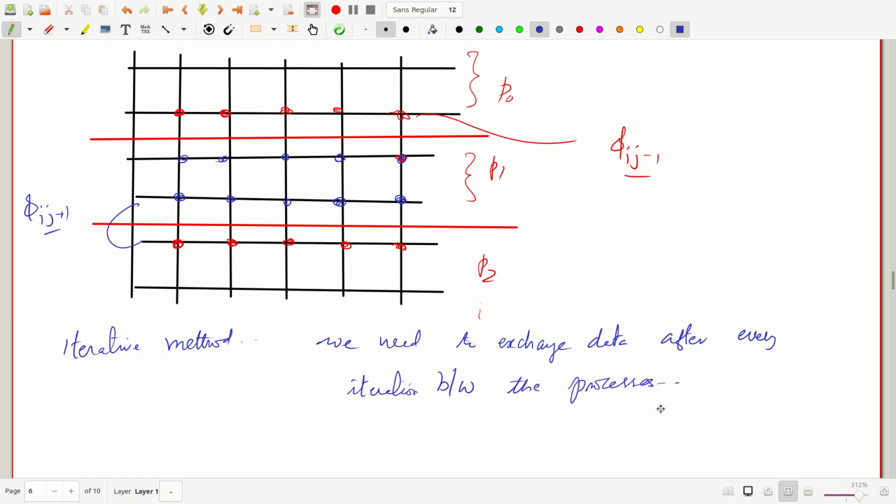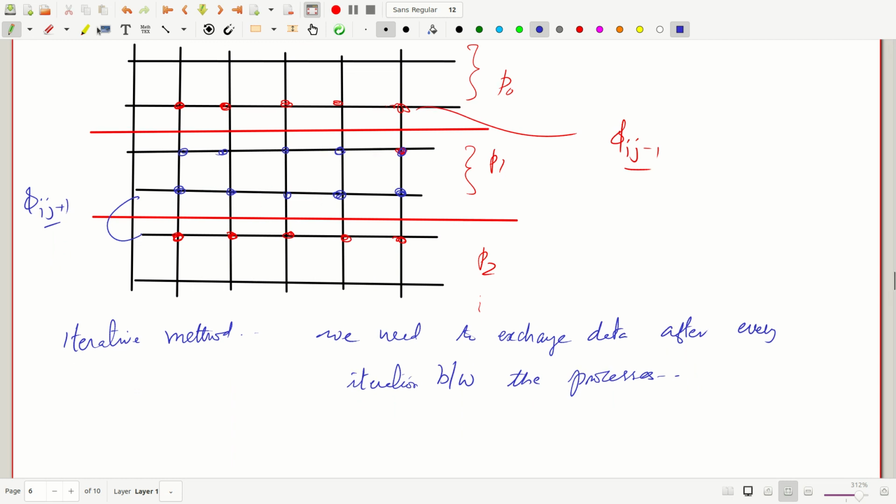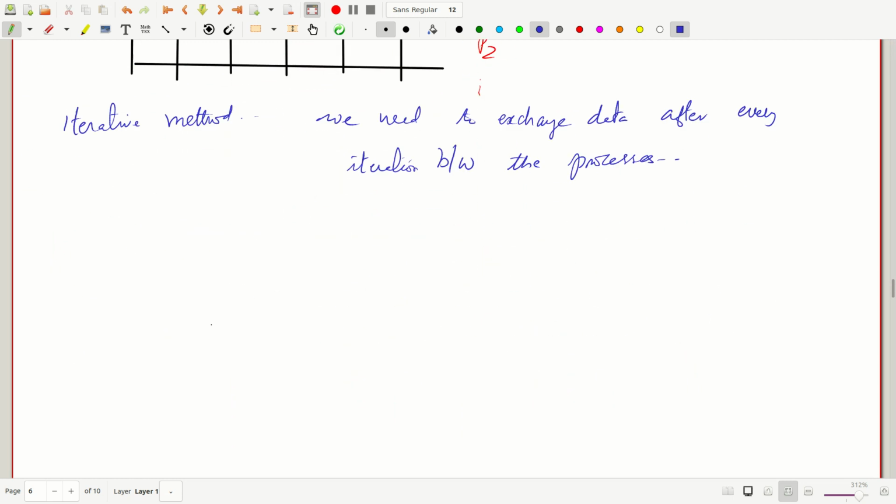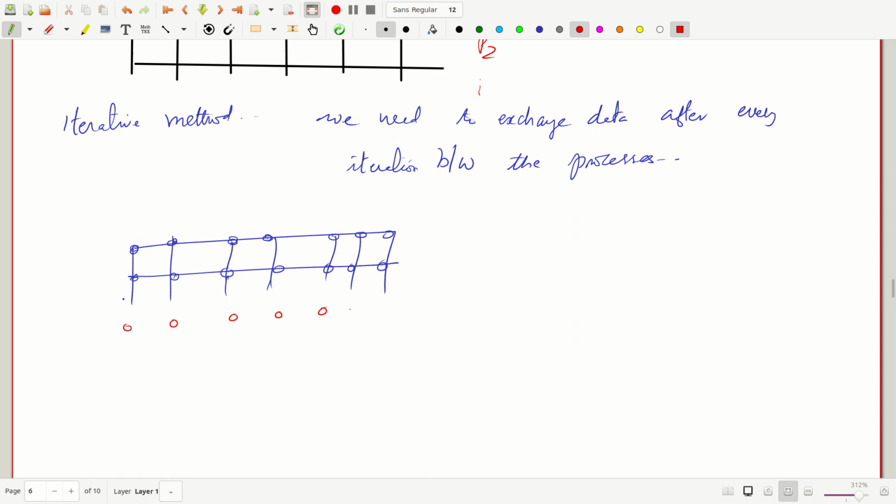So that means if I redraw this figure for each process, let's say for P0 and P1, then P0 has points 1 and 2, so it has all these points, and it will also have some virtual points that it will create.